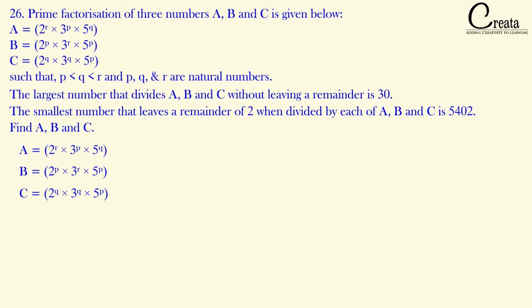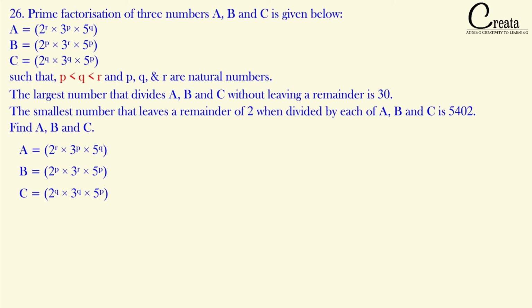And how will we find the value of a, b and c? We will find the value of p, q and r, that is the power of 2, 3 and 5. If we get the value of p, q and r, we can easily find the value of a, b and c. So in this question, our aim is to find the value of p, q and r based on the given conditions. The first condition: it is given p is smaller than q and q is smaller than r.